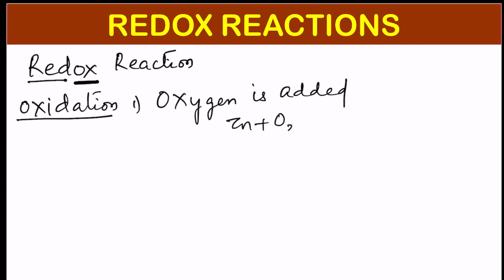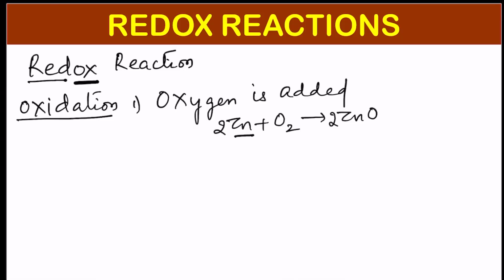Zn plus O2 gives rise to ZnO. Balance it, 2Zn plus O2 gives 2ZnO. You can also ignore the balancing part. Just understand that zinc has added oxygen to form zinc oxide. It's an oxidation process. The second definition is removal of hydrogen.